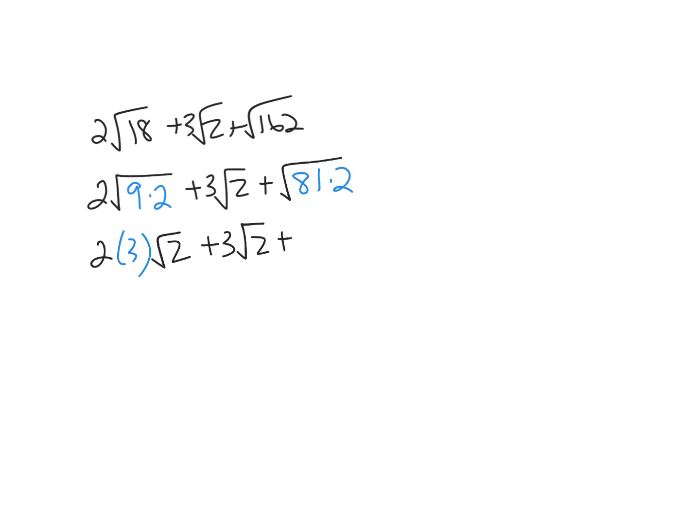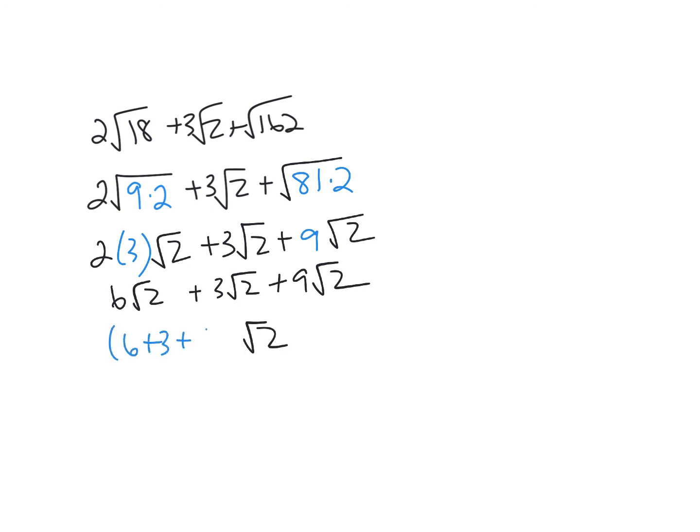Square root of 81 is 9. That gets booted outside. This 2 stays under the radical. So 2 times 3 is 6. So how many total root 2's do we have? We have 6 plus 3 plus 9. So 6 plus 3 is 9, plus 9 is 18 root 2.